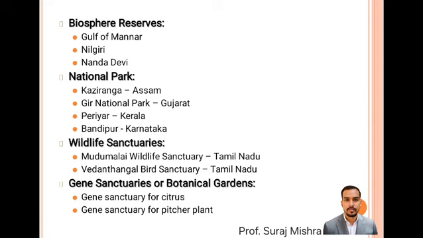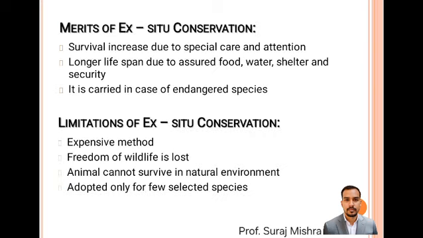Also, the survival of the species increases due to special care and attention, and these conservation methods ensure the longer lifespan of the flora and fauna species due to assured food, water, shelter, and security. But we must also consider that these methods are very expensive and the animals cannot survive in the natural environment.